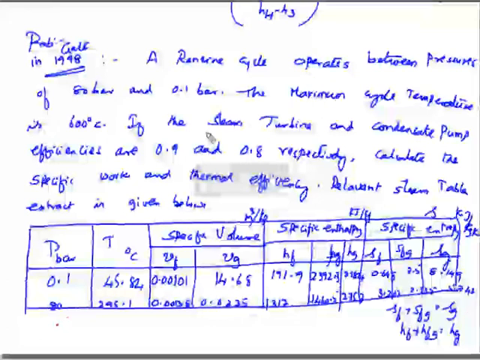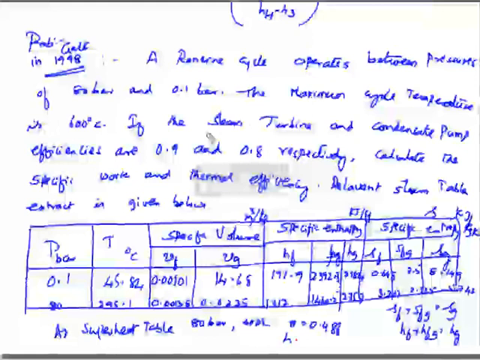From the superheat table, at 80 bar, 600 Celsius, specific volume is 0.486, enthalpy, this is very important, 3642, entropy is 7.02, all in the relevant units.